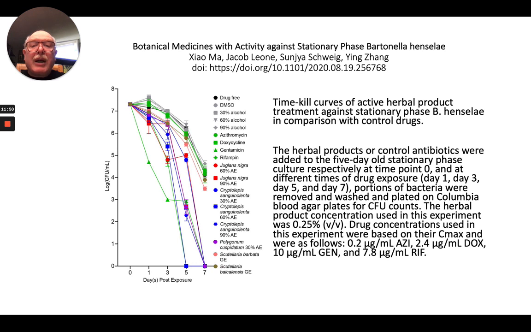But by day 5 or 7, the activity of herbs was superior to the activity of antibiotics. Again, remember, this is in vitro data, and not necessarily can it be converted to everyday clinical practice. So be cautious with the interpretation of these results.